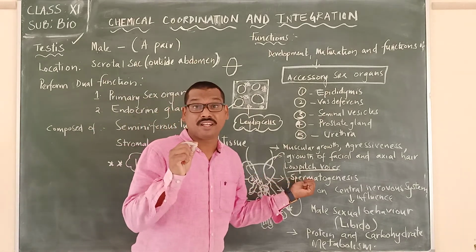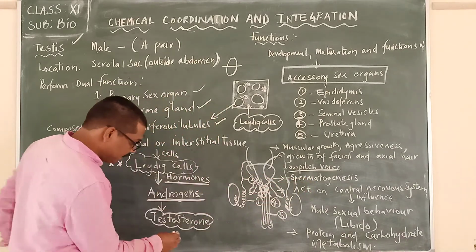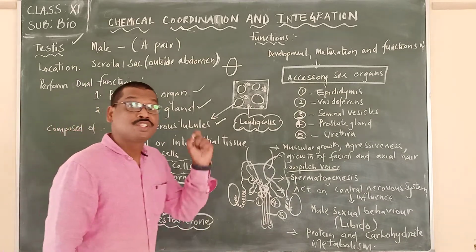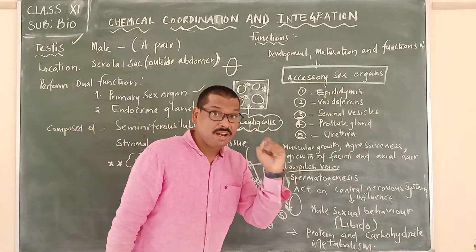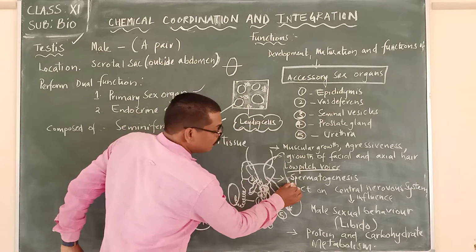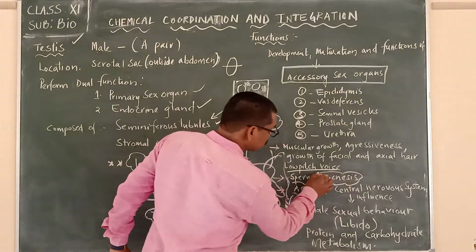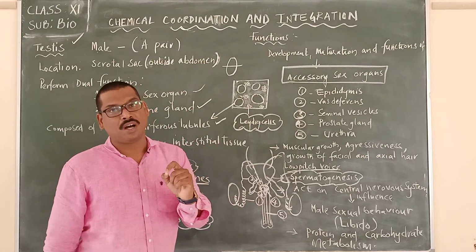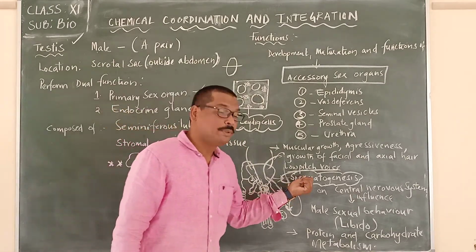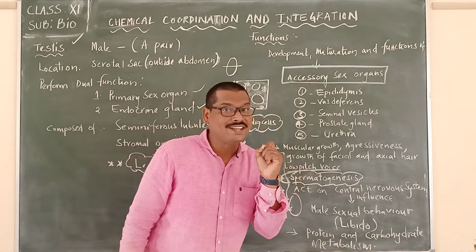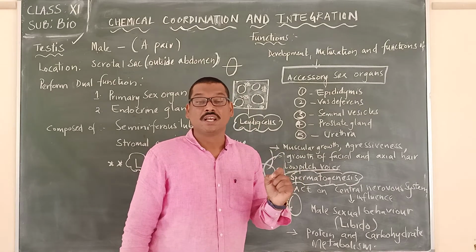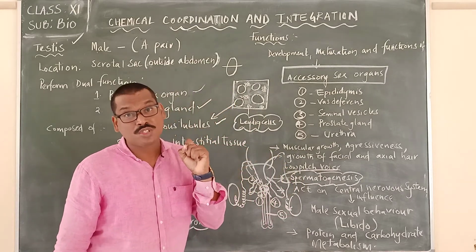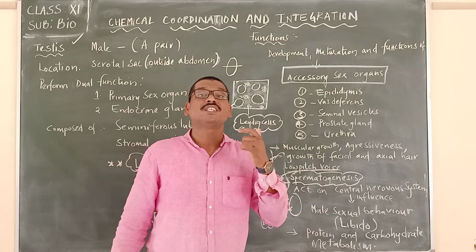And a very important thing we have to remember is that this testosterone stimulates the testes to be involved in the process of formation of spermatozoa, or in technical terms, spermatogenesis. Formation of spermatozoa means formation of sperms.